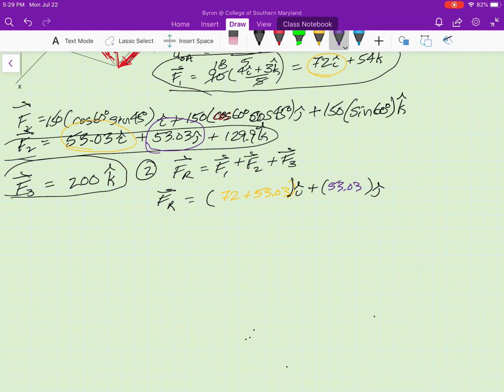And no j terms in F sub 3. And last, we'll write our k terms in blue. We have 54k plus 129.9 plus 200, and that's all k.